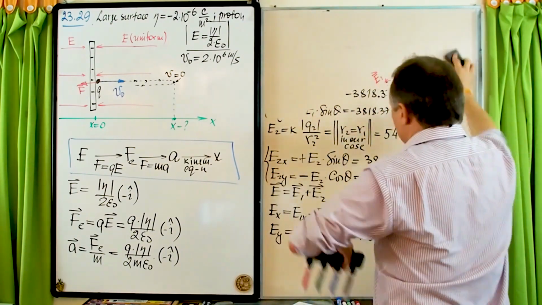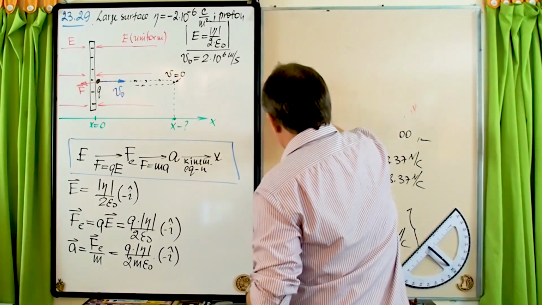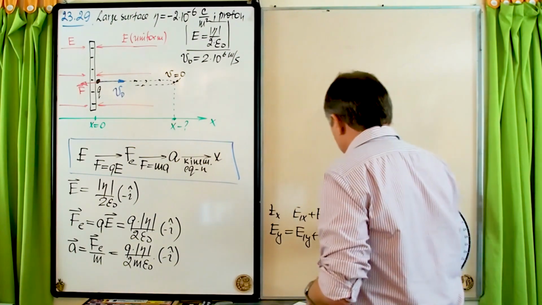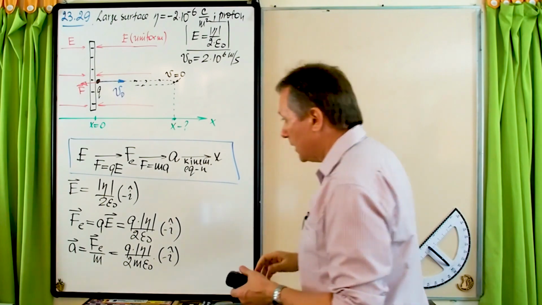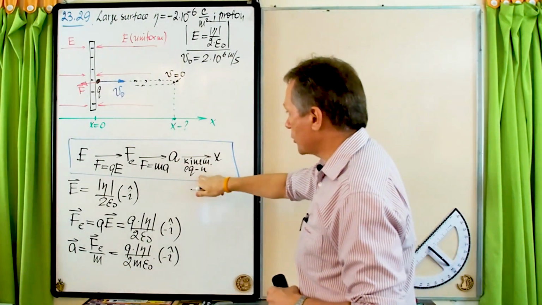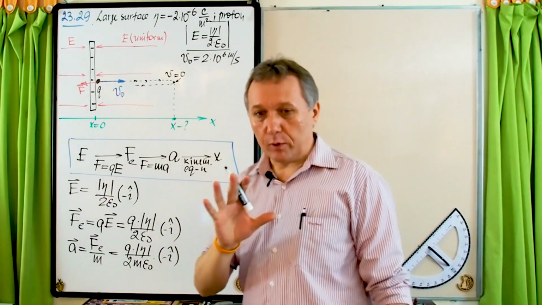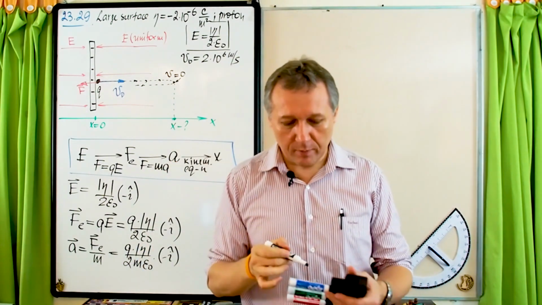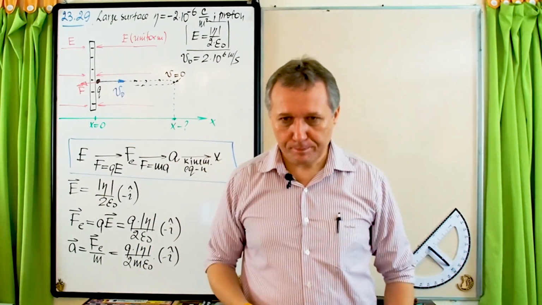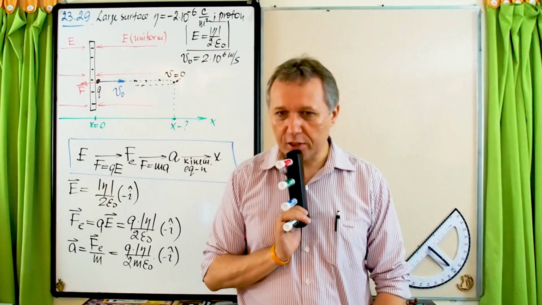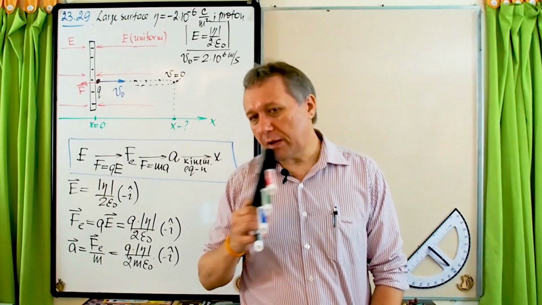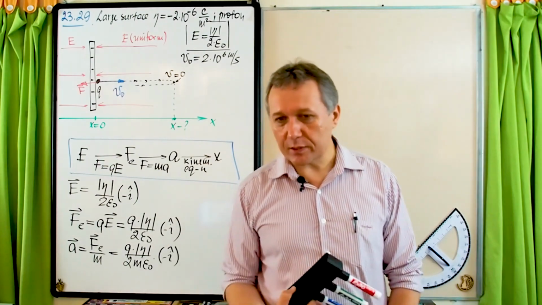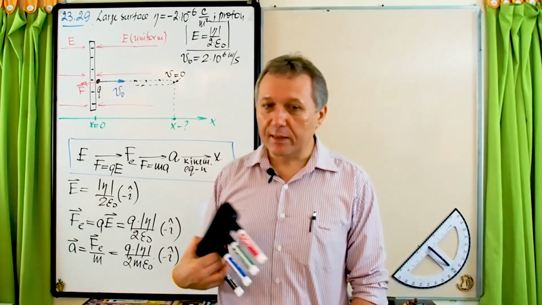So that's what we need, and that's why I kept writing in a vector form. All right, so now let's finish this problem. So acceleration is negative, so we need to remember. And now which kinematic equations to use? First of all, can we use kinematic equations? Is it legal to use kinematic equations over here? What's the test that we have to run in order to convince ourselves that kinematic equations are legal to use?